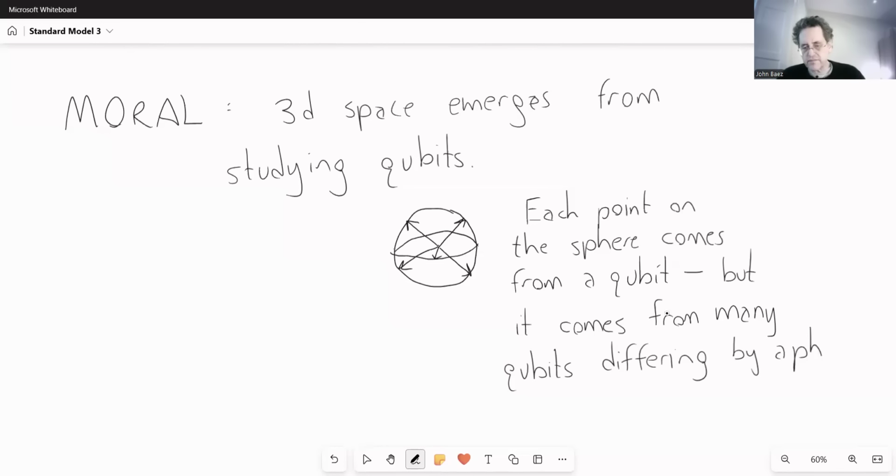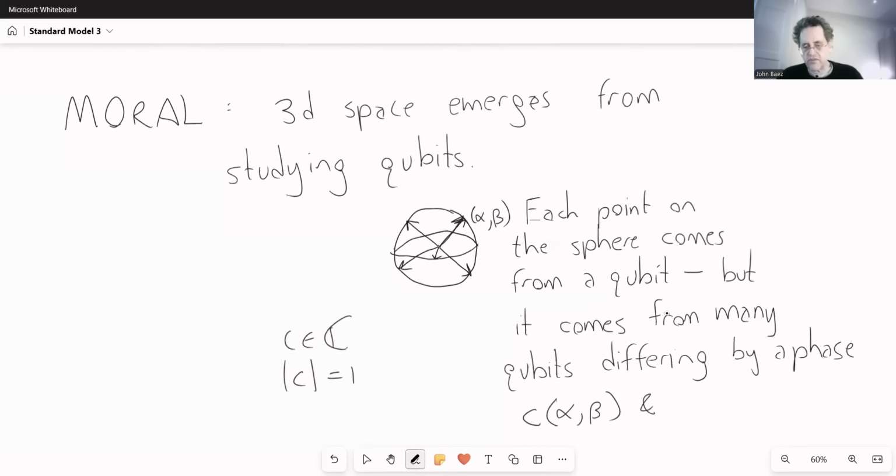In other words, the qubit, say alpha beta, which describes an electron whose spin is pointing this way, is just one of the qubits that could be used to describe an electron whose spin is pointing that way. You could take that qubit and multiply it by a phase, that is a complex number whose absolute value is equal to 1, and you'd get a new qubit that also describes an electron whose spin is pointing that way.